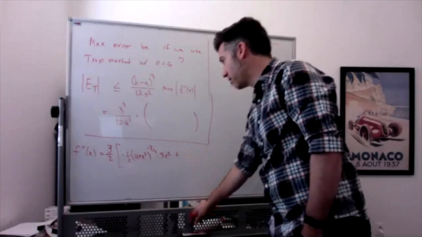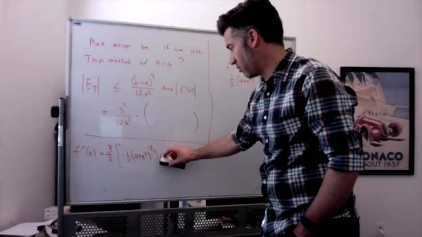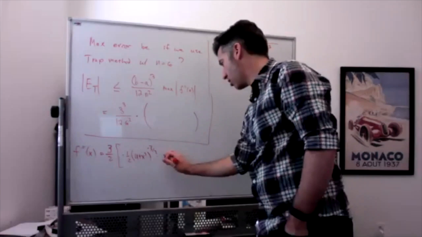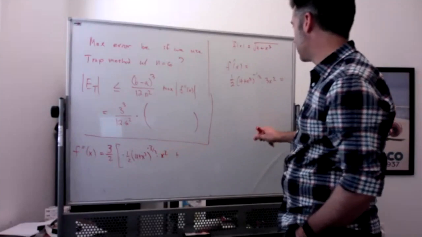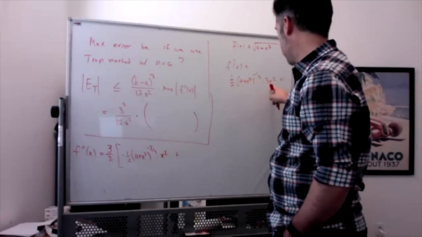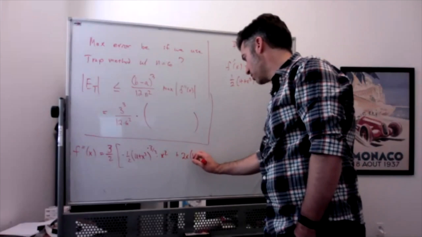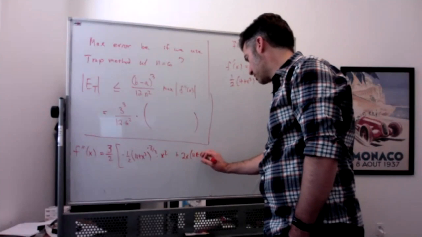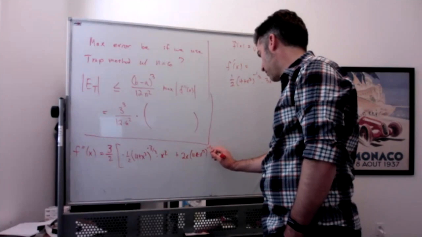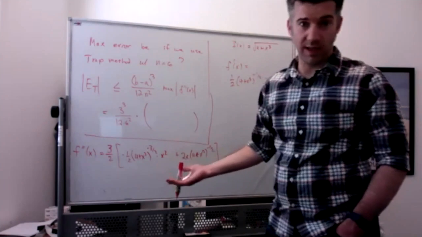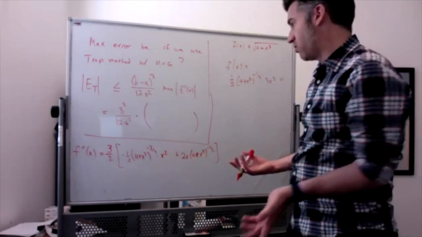Oh, sorry, I factored out the 3, so I don't have the 3 there anymore. And then plus the derivative of this, 2x, times that, which is 4 plus x cubed to the negative 1/2.